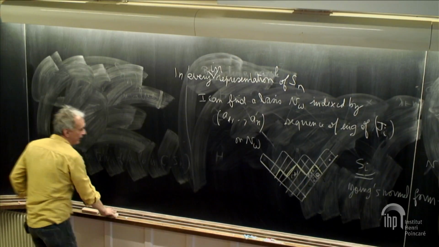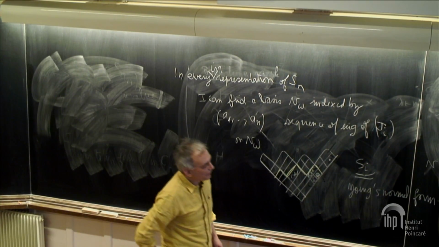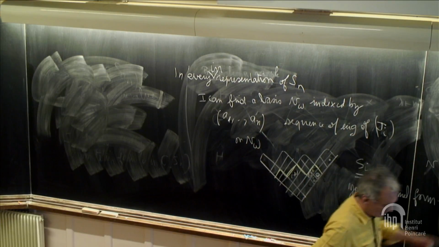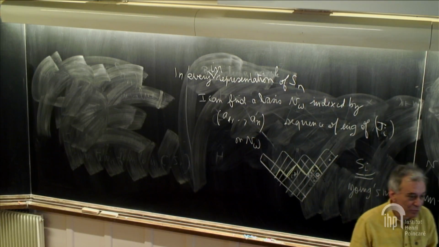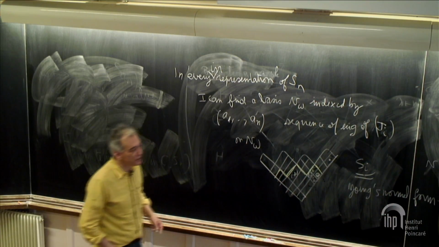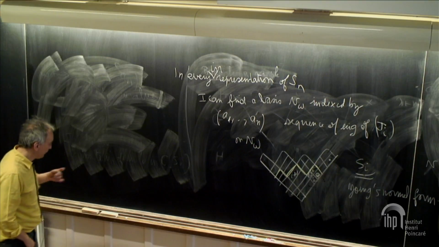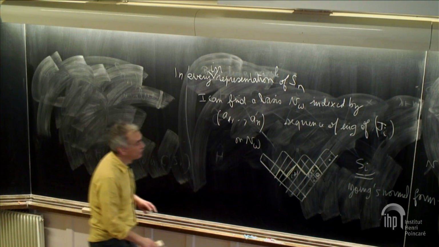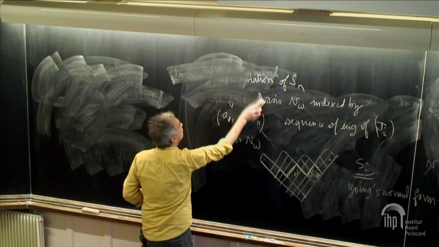We are almost finished with the representation theory of the symmetric group, at least what I will need of it. Next time we will do the asymptotics. But first I need some very important formula, which is the hook formula.